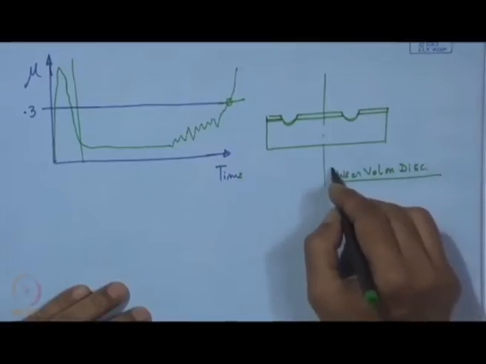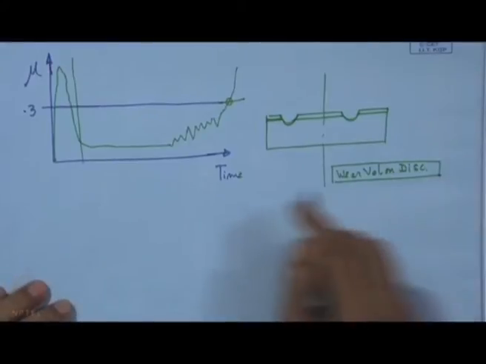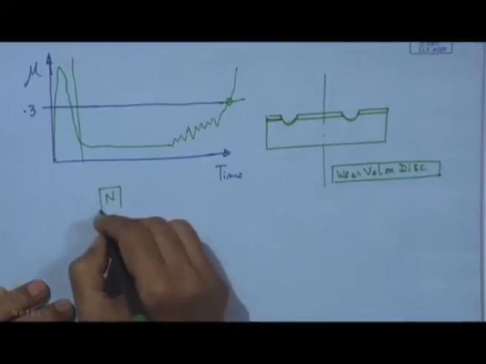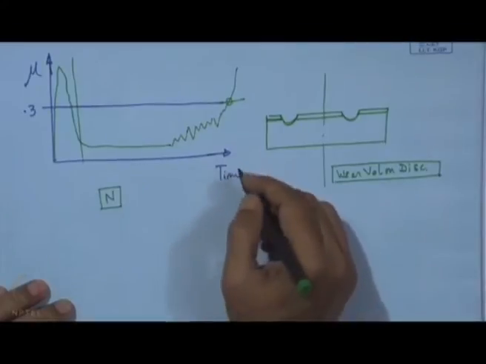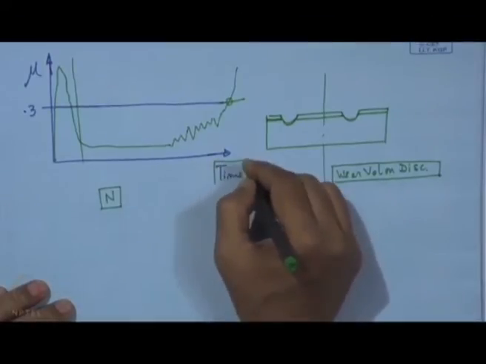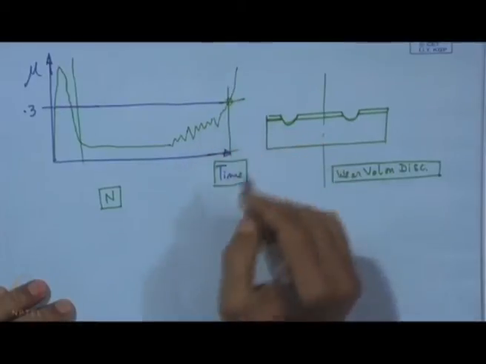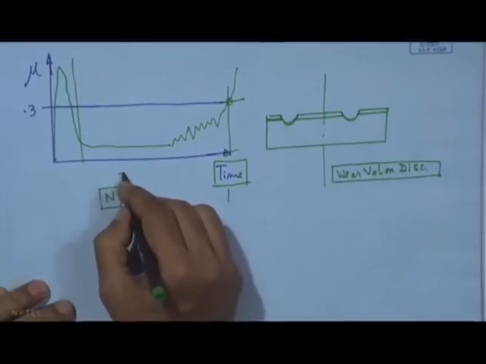So, this is one of the things one can measure, and then we also have to look at the normal load, which we express as N, and also the distance travelled. This we can express as time, but it can also be expressed as, for example, so many meters.